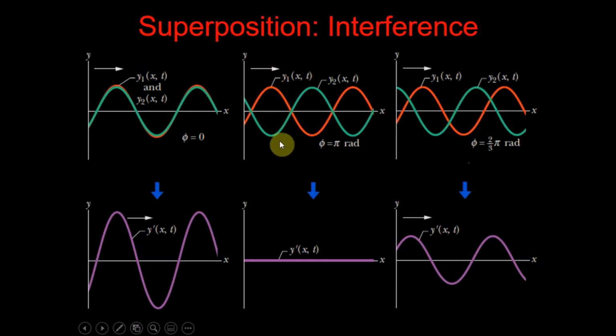If we sum the amplitudes of these two waves, we will end up with 0. In this case, we're looking at phi as 2/3 pi, very similar to the previous example. If we add our green and orange waves together here, we will result in an overall reduced amplitude wave.